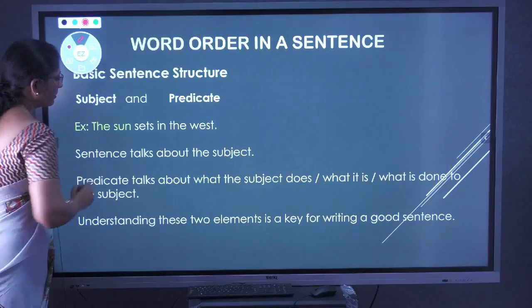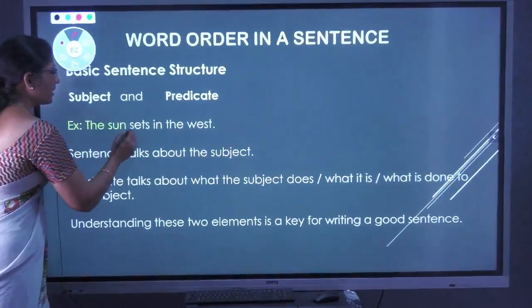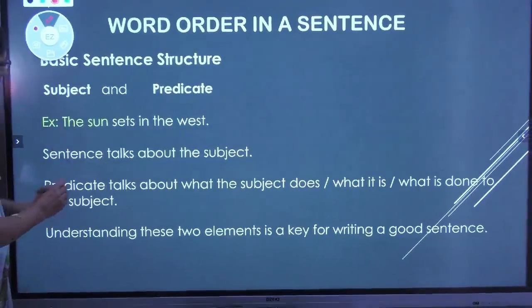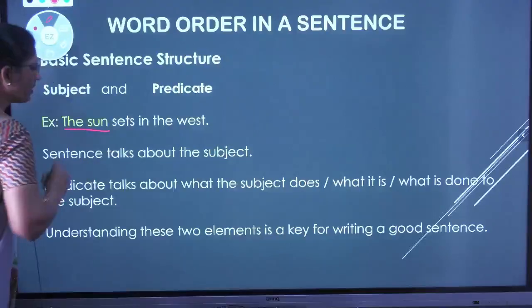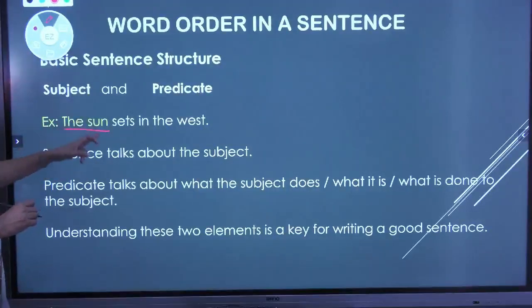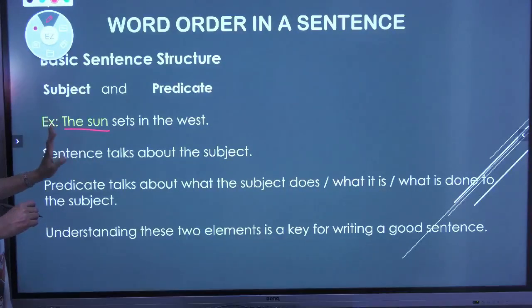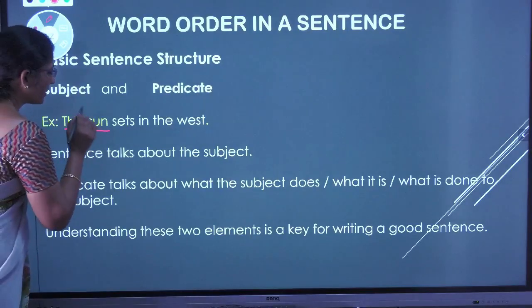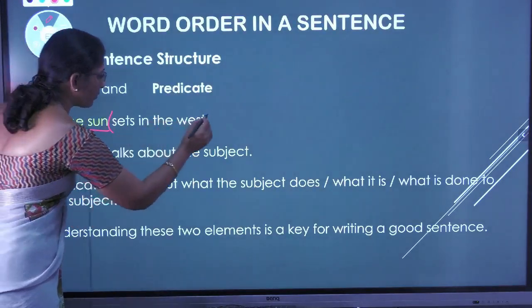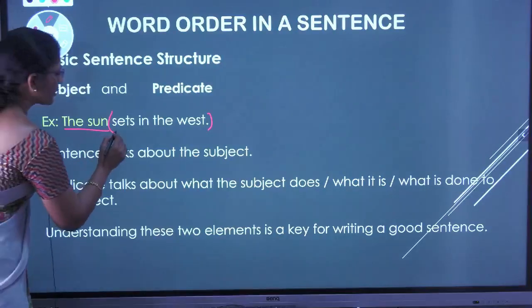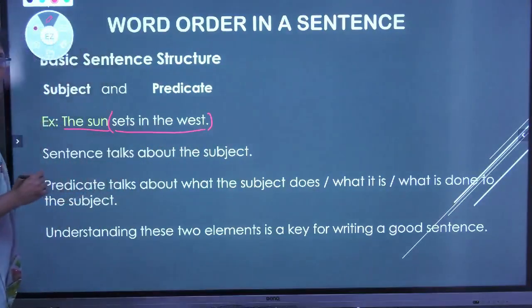See this sentence. The sun sets in the west. This is the subject. This sentence is talking about the setting of the sun. And if you take this one, this is called predicate.